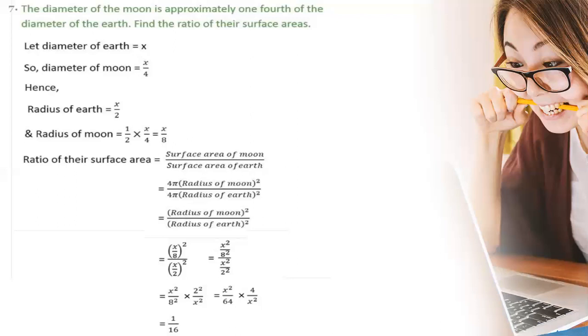So the radius of the earth becomes x by 2 and the radius of the moon becomes half of x by 4, that is x by 8. So the ratio of the surface areas is surface area of the moon divided by surface area of the earth. That is 4 pi of x by 8 whole square divided by 4 pi of x by 2 whole square. Now 4 pi and 4 pi will get cancelled. So we will be left with x square by 64 divided by x square by 4, by which we get 1 by 16.